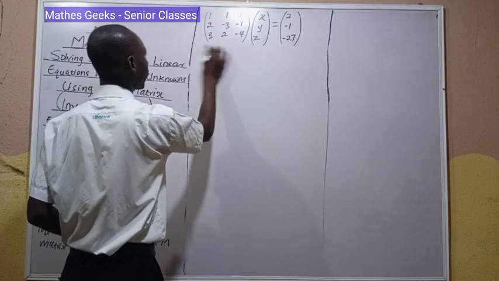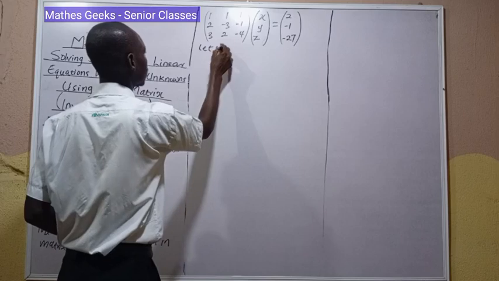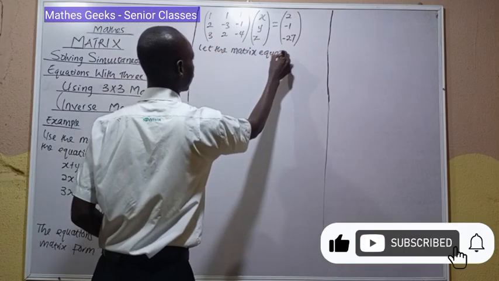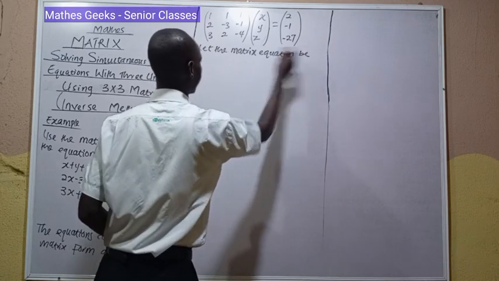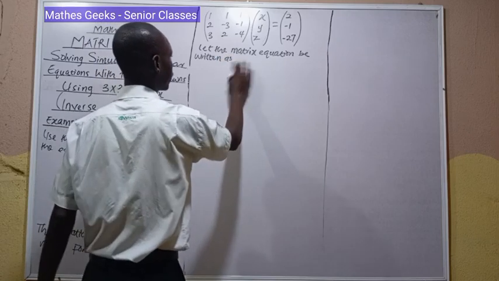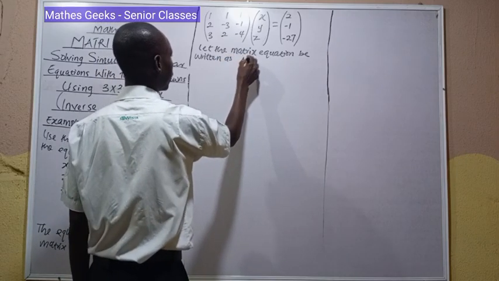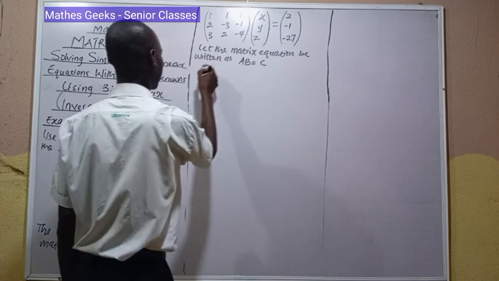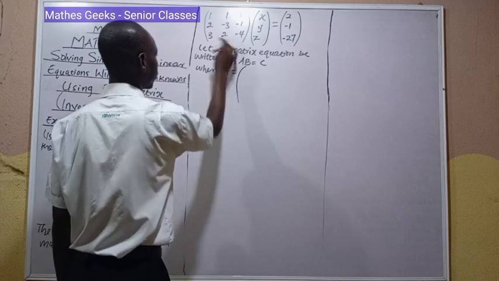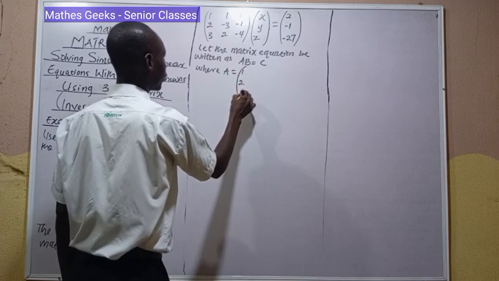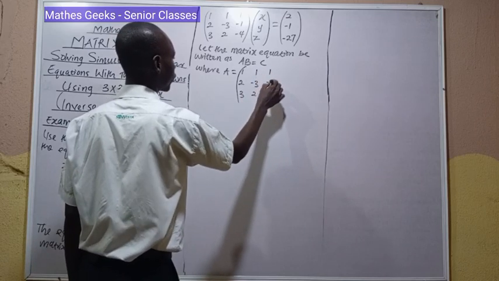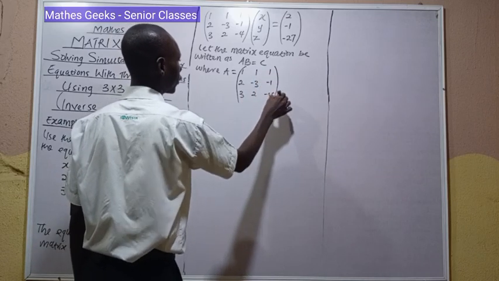Now we can see, let the matrix equation be written as AB equals C, where A is equal to this matrix 1, 2, 3, 1, minus 3, 2, 1, minus 1, minus 4.